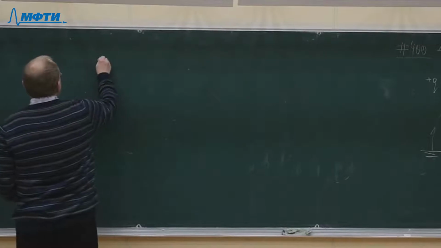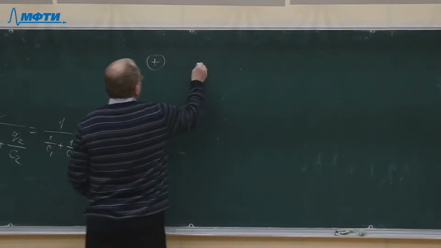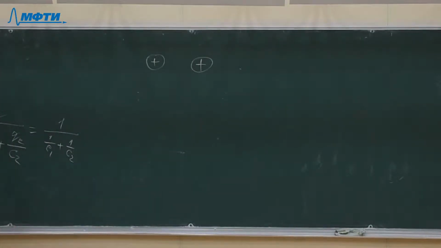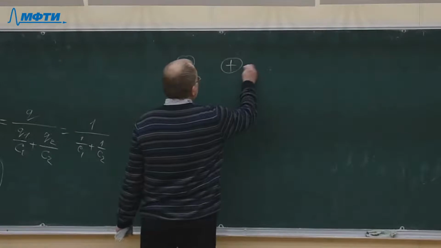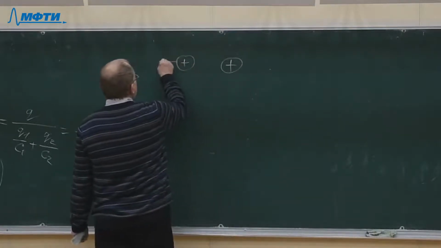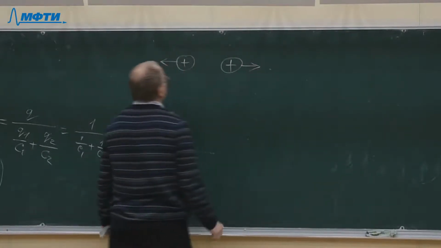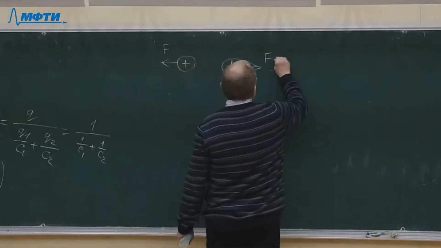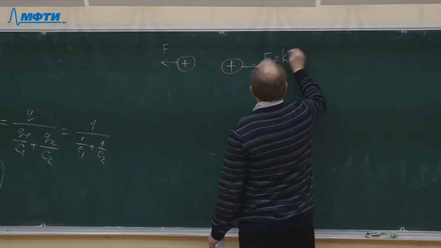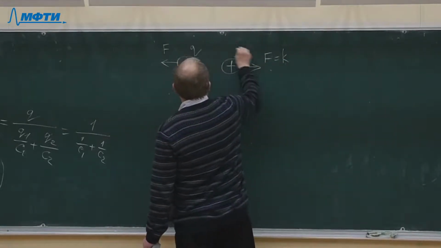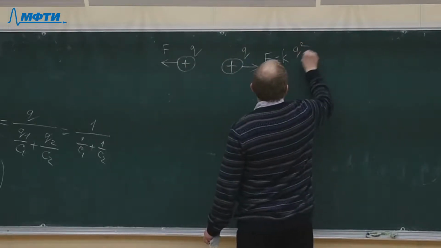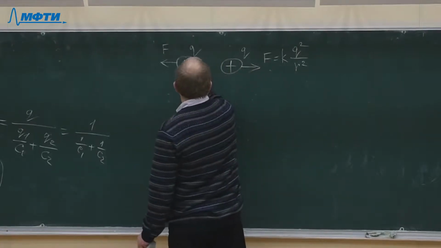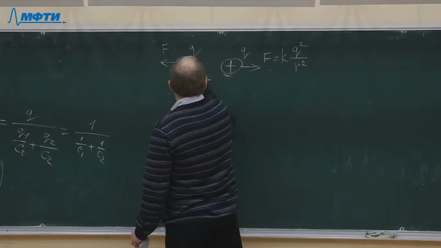We have two positively charged balls, and we know that these two lightly charged balls must be repulsed from each other by some force of repulsion, which will be given by the Coulomb law. If this charge is plus Q and this is also plus Q, then it will be given by Q squared over R squared, where R is the distance between the centers of these two balls.